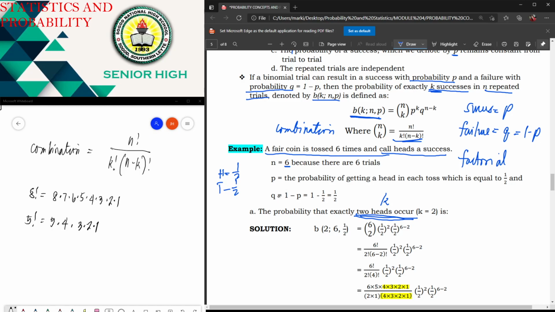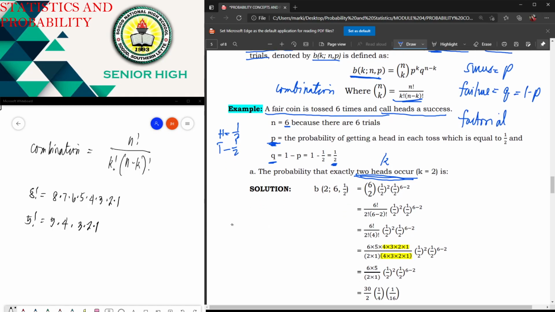The probability of a failure, q, is 1 minus p, which is 1 minus 1/2, equal to 1/2. So by this we have the k, the n, and the p.